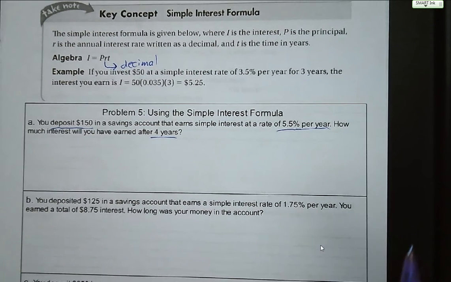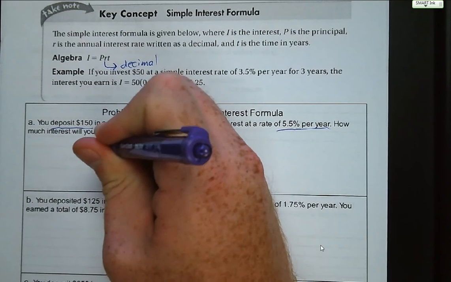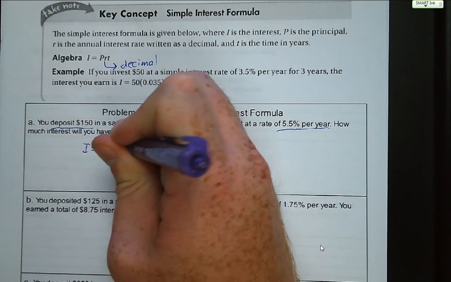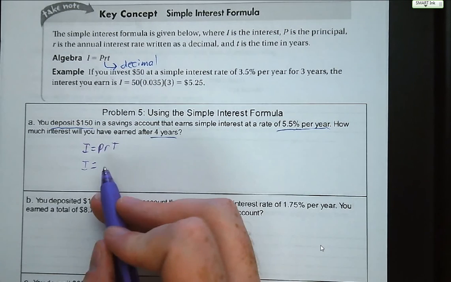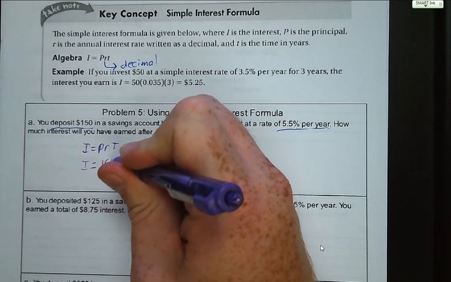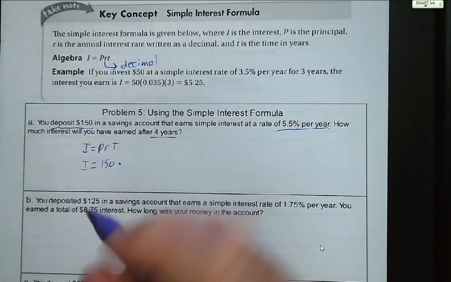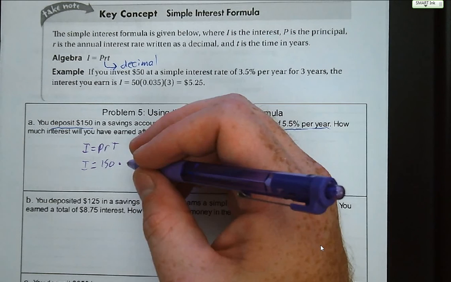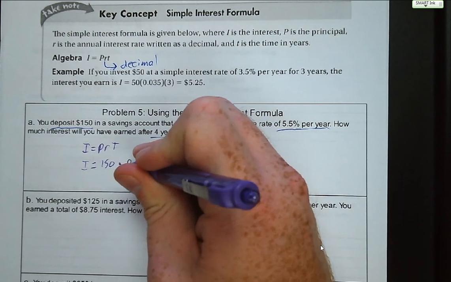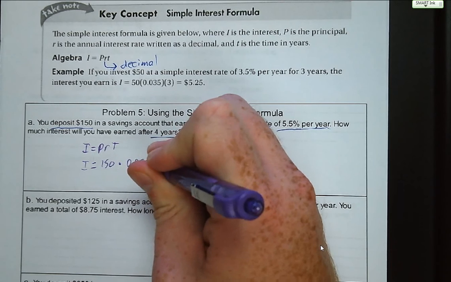So we start off with our formula. I is equal to PRT. We want to know our interest, which is equal to our principal, our deposit, which is $150, times our rate written as a decimal. So 5.5% as a decimal is 0.055.